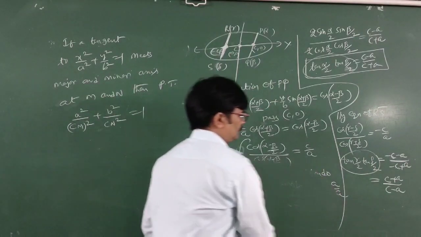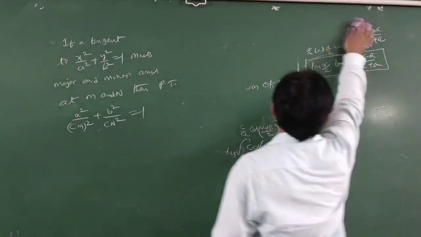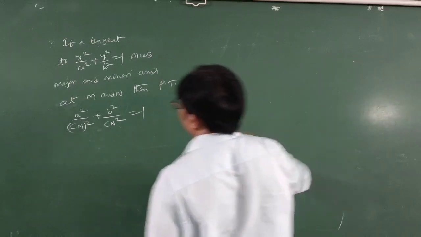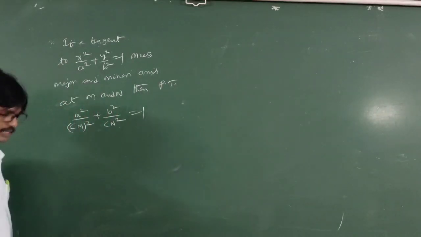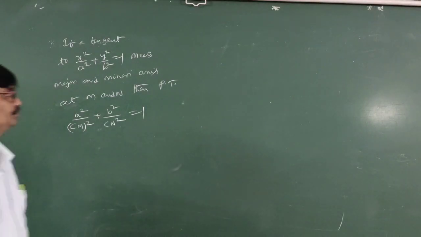Okay students, all of you proceed. The tangent meets the major and the minor axis respectively at M and N. Then prove that a square by CM square plus b square by CN square equals 1.